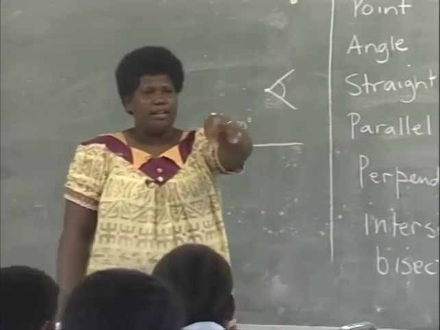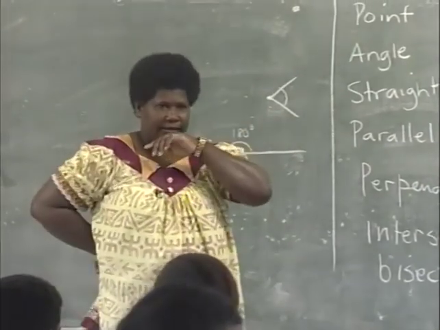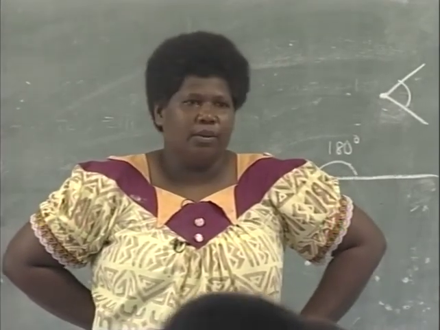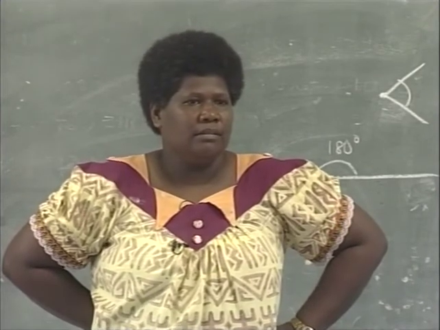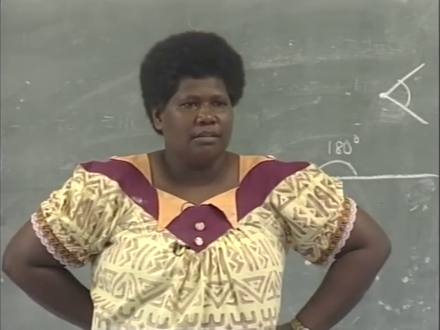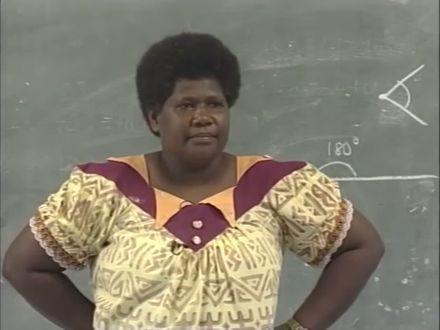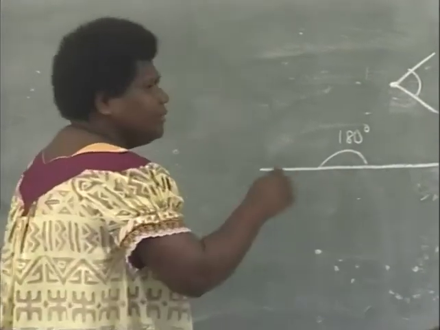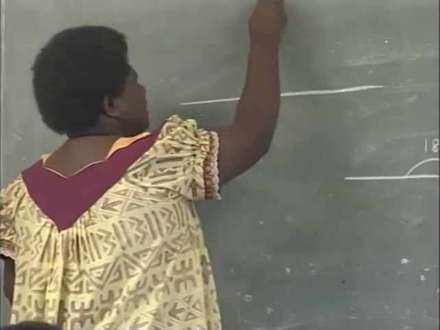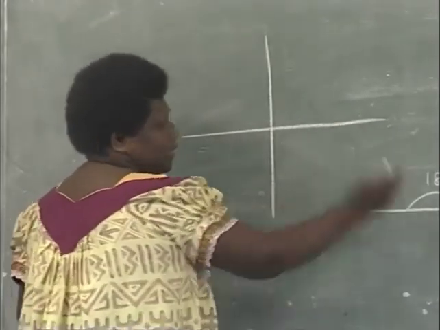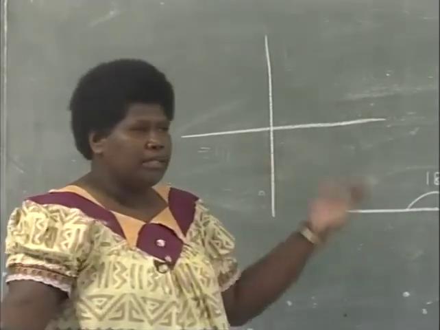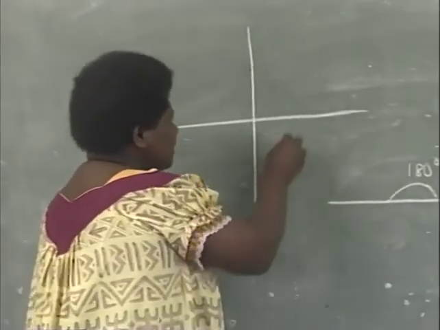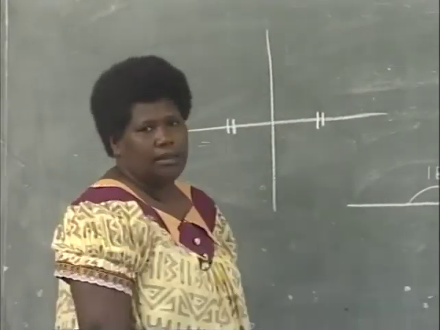Siegfried, your turn, hurry up. When two lines bisect each other, what does it mean? Rita. Okay. Let me give you an example. If I said this line bisects this line, it's not just cut. Cut means intersect. Bisecting means cutting exactly in half.